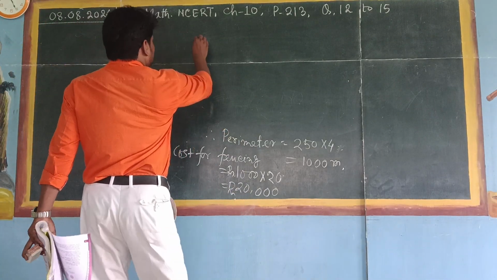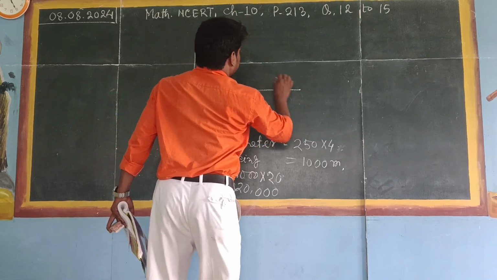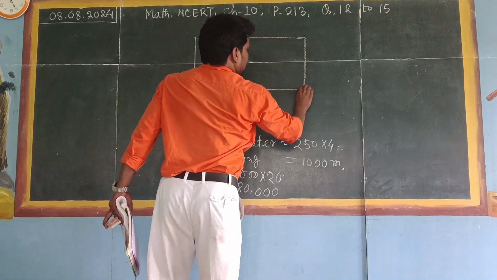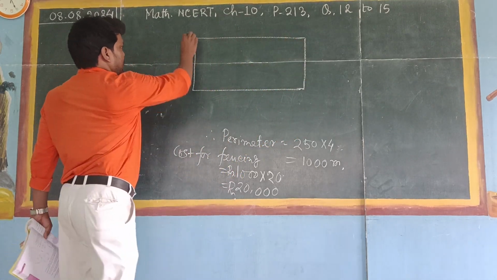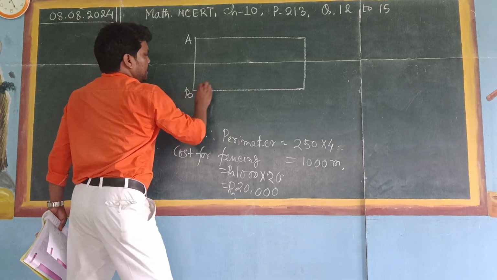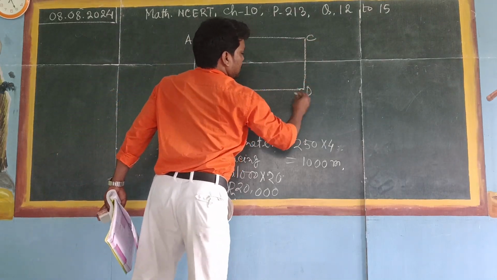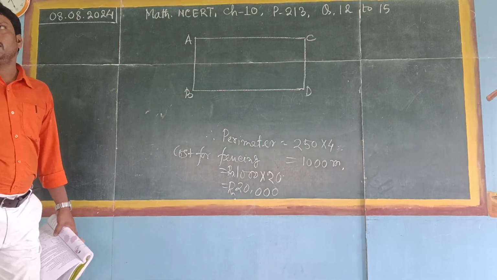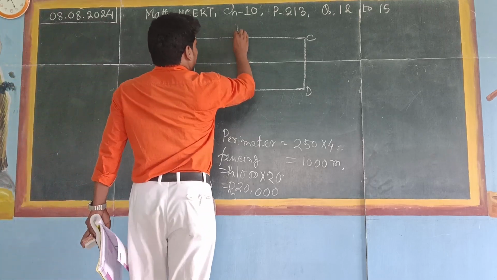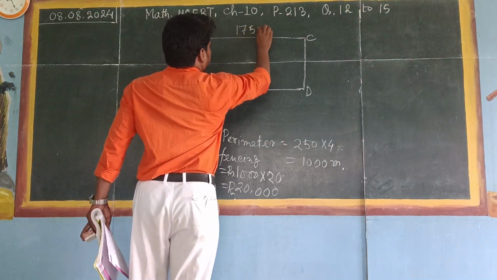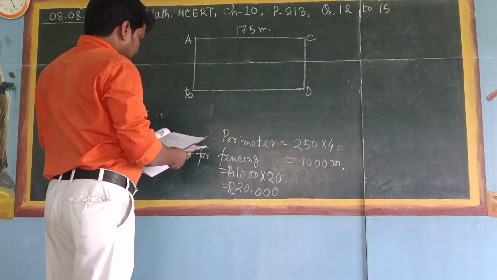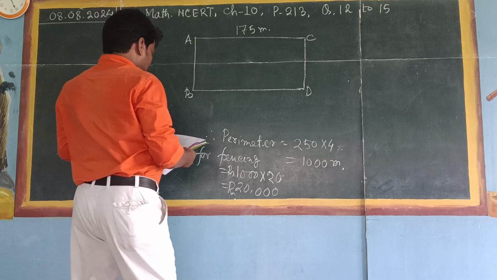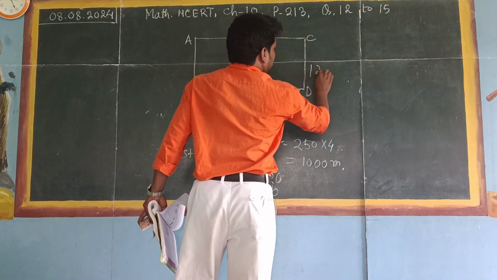At first I am drawing the rectangular park. Suppose it is a rectangular park ABCD, its length 175 meter and breadth 125 meter.